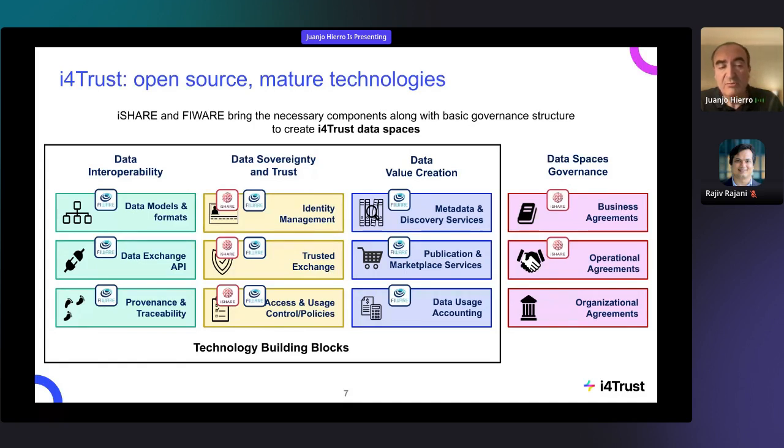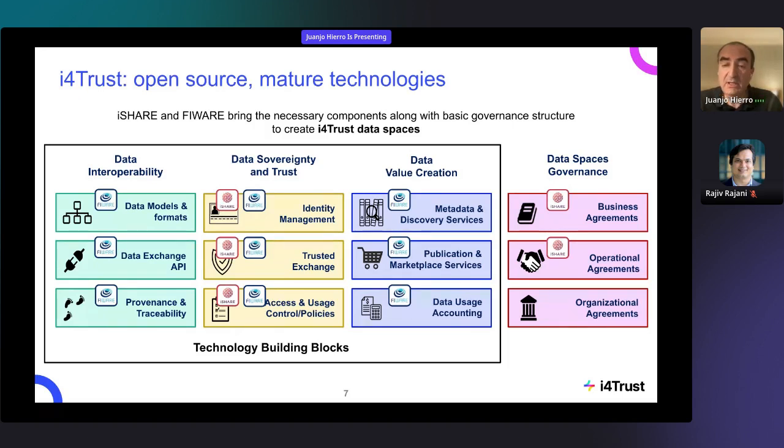FIWARE covers components in the three pillars, but in the pillar of data sovereignty and trust, iSHARE provides the specs that FIWARE components are implementing, making that pillar also happen.